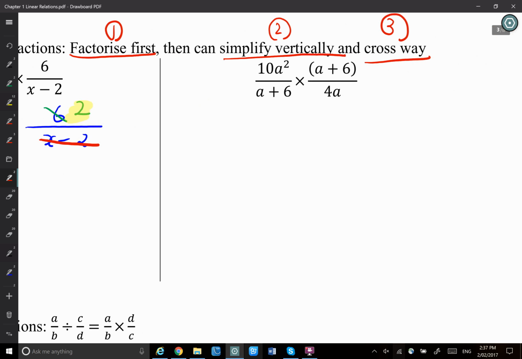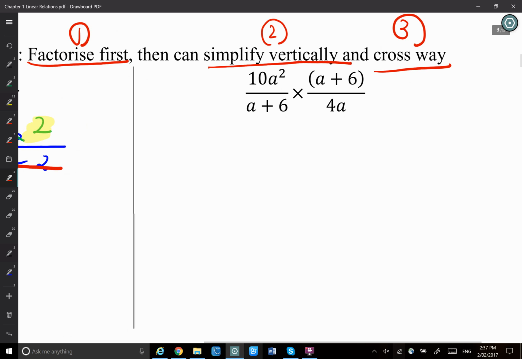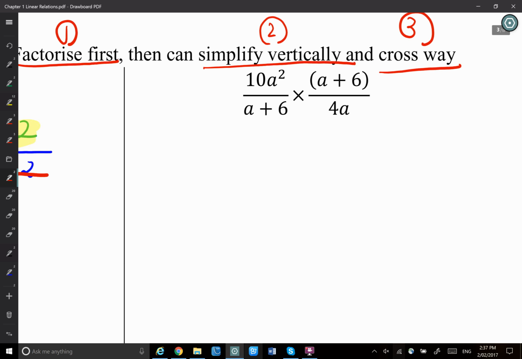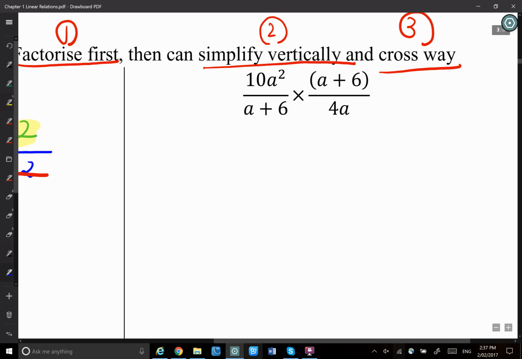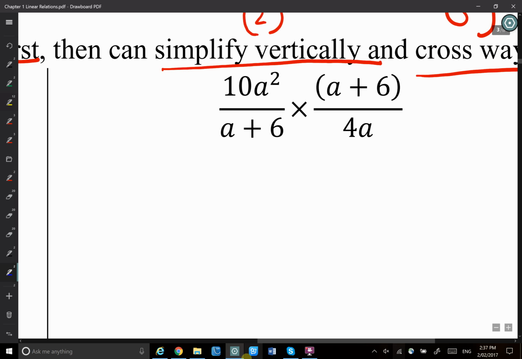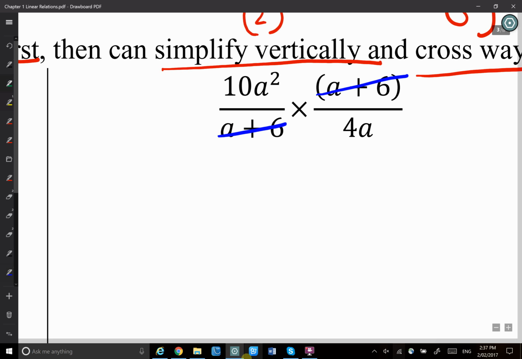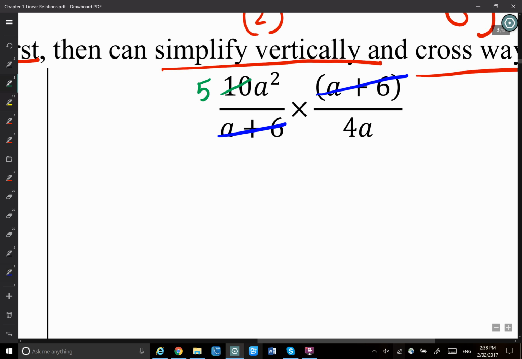Okay, next one. Next one is already in the factorized form. The a plus 6 and a plus 6 just cancel. We have 10 and 4. Think about 10 and 4. We have a 5 divided by 2. 4 divided by 2 is 2. So we have 5 and 2 here.